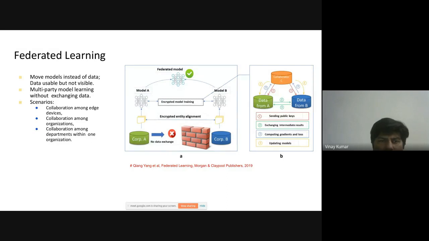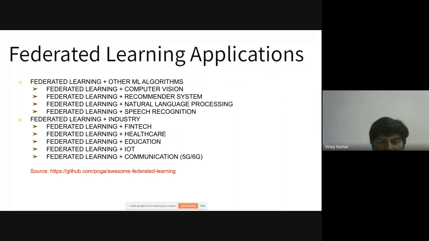So, what are the federated learning applications? Federated learning plus other ML algorithms, we can use federated learning in the field of computer vision, in recommender systems, in natural language processing, speech recognition, and the next combination is federated learning with industry.